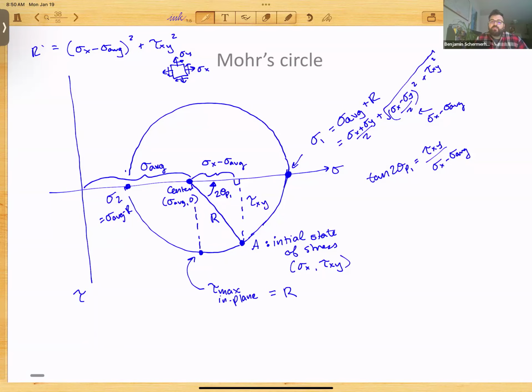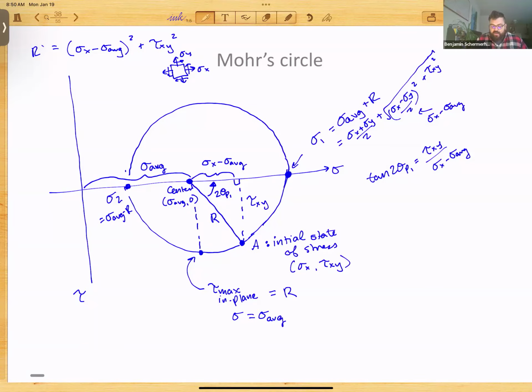It's that square root of sigma x minus sigma y over 2 squared plus tau xy squared. And at that point, we don't have a sigma of 0. We have that sigma as sigma average. So we can see the way that that is going to essentially be playing out and how we can move from one of these to the other.